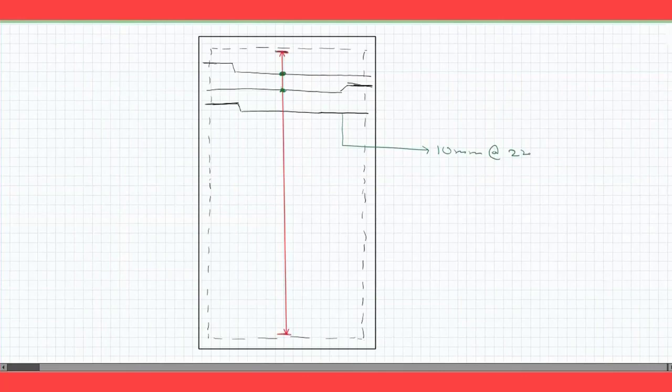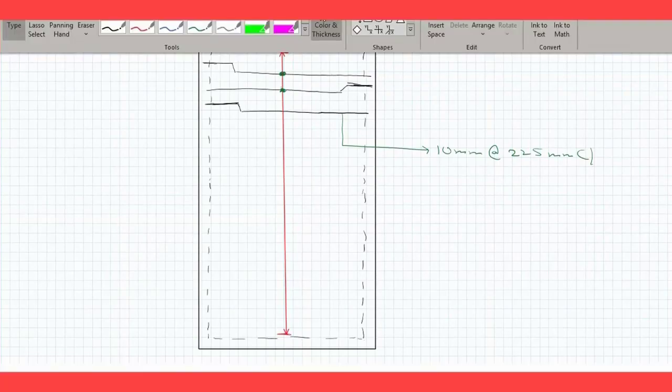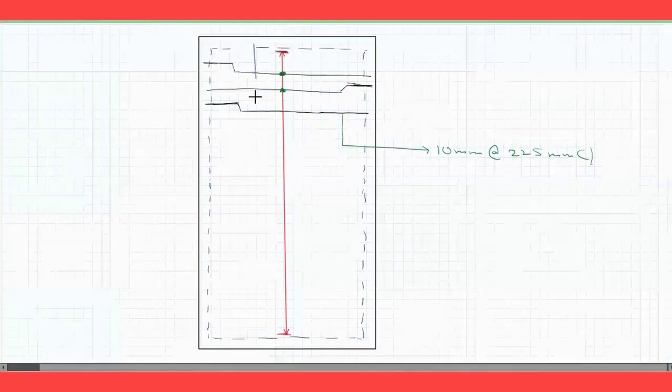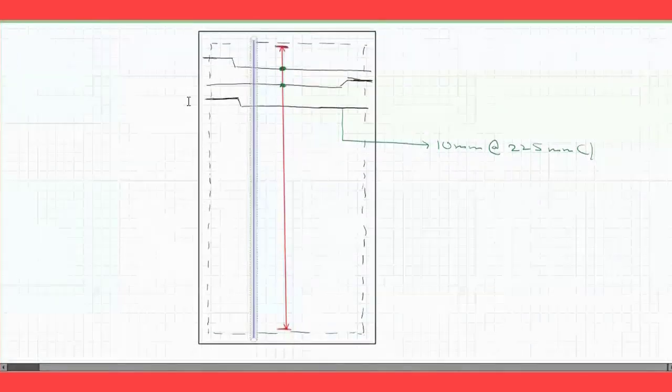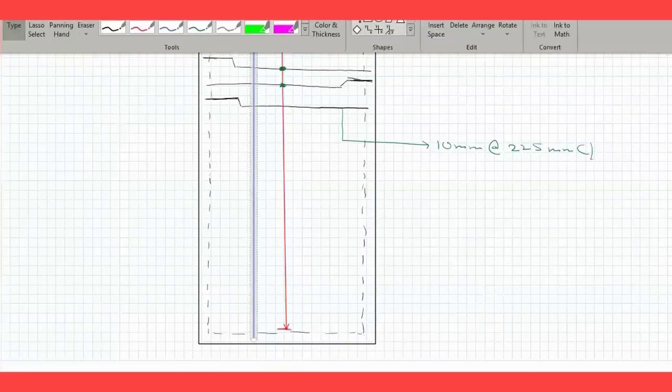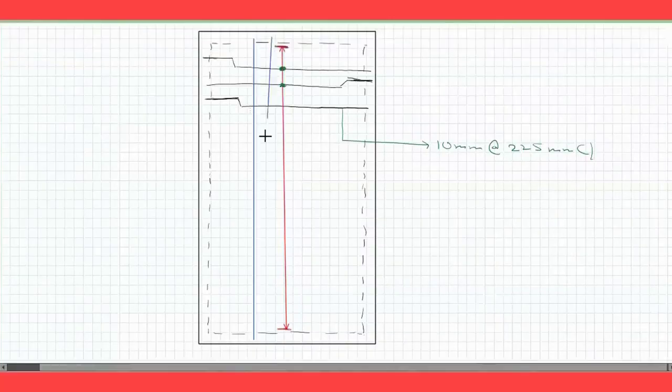What about secondary reinforcement? Secondary reinforcement you are going to provide on the bottom side. So please see how it will be done. We're providing like this. So this is your secondary reinforcement. Now again the next secondary reinforcement will be at what spacing? We'll be providing one more secondary reinforcement.